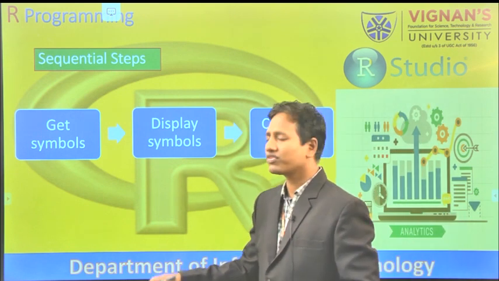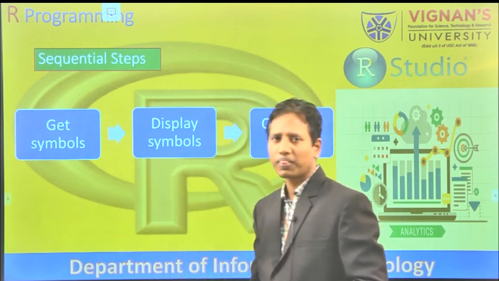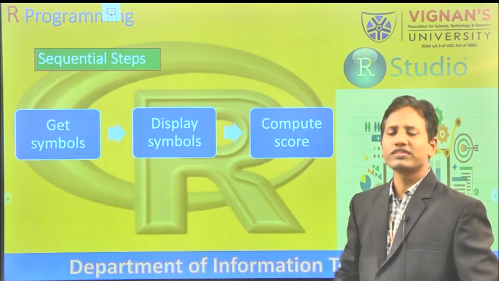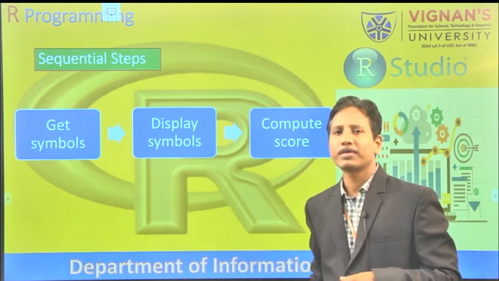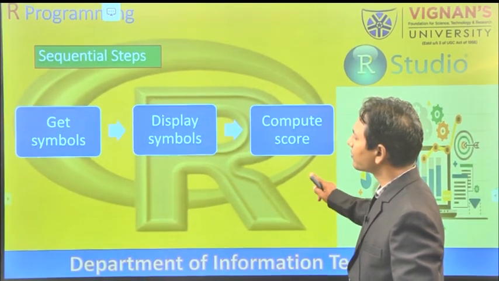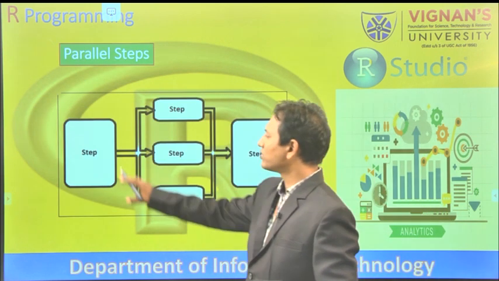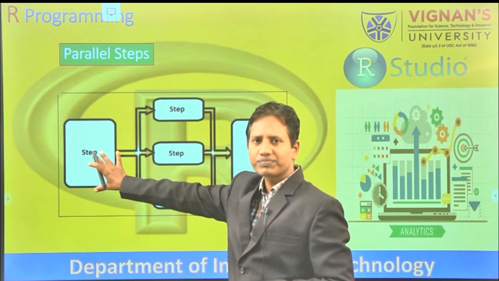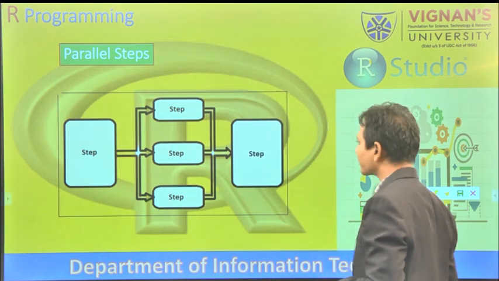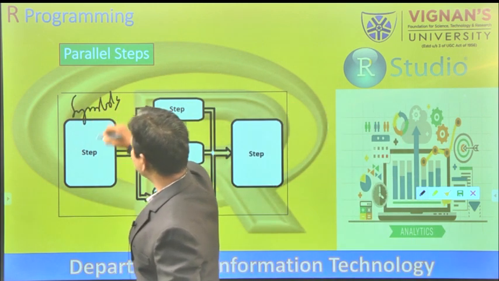So sequential steps, if we see this entire project, first you have to get the symbols, second you have to display, and third you have to compute the score. This is in a sequential step by step. If we see it in parallel one, here we are going to get the symbols, and here we got symbols.